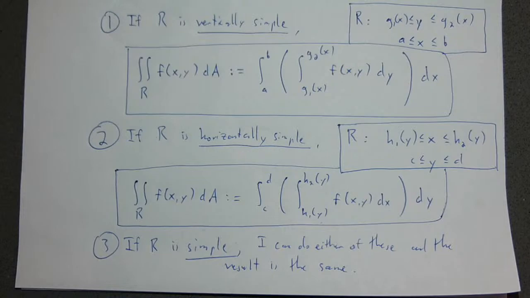This is going to be called swapping the order of integration, and it's a special thing. It can only be done on certain regions. That makes sense because we saw examples of regions that were vertically simple but not horizontally simple and vice versa. So it would make sense if you could do both in such a case.